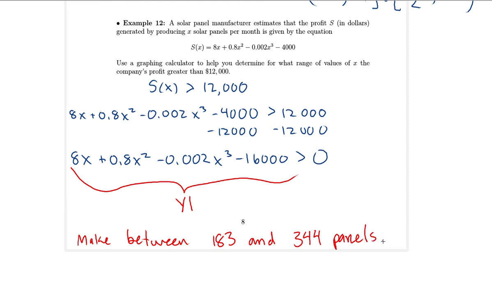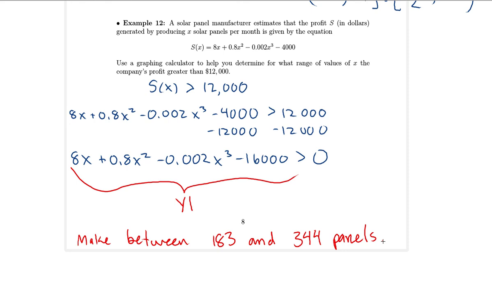Now you might wonder, okay, isn't it better just to sell more and more and more? Well, yeah, when the situation's really simple, but there can be all sorts of reasons why if you make too many, your profits maybe start to go down a little bit. So like maybe you only have the ability to get enough supplies to create a certain number of solar panels, and the only way to be able to go over a certain amount would be to start paying a lot more from a different supplier.